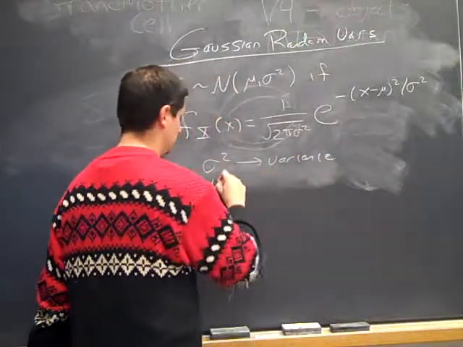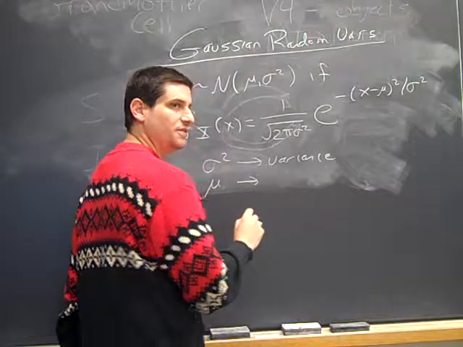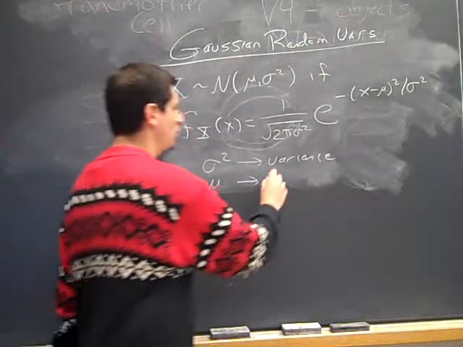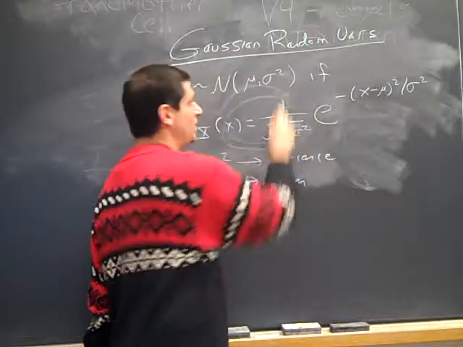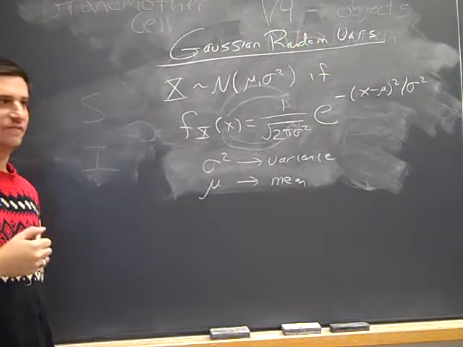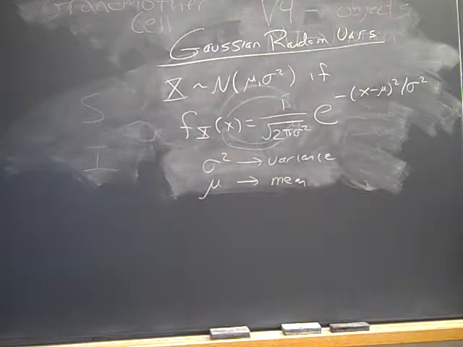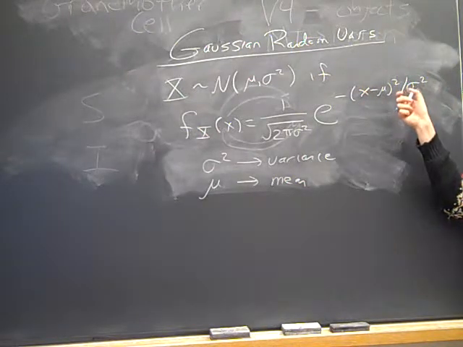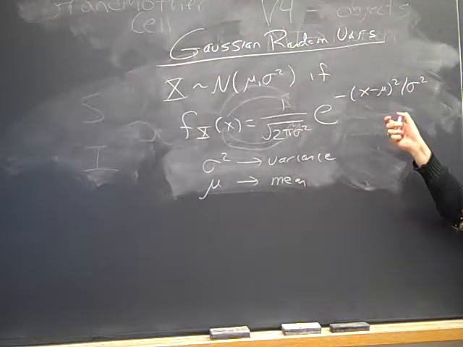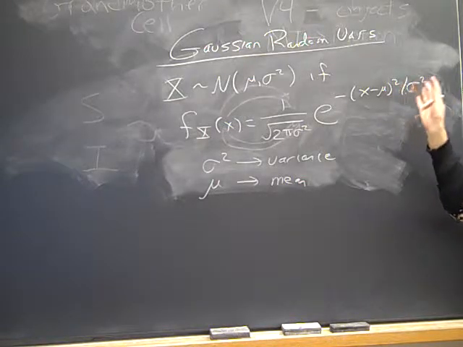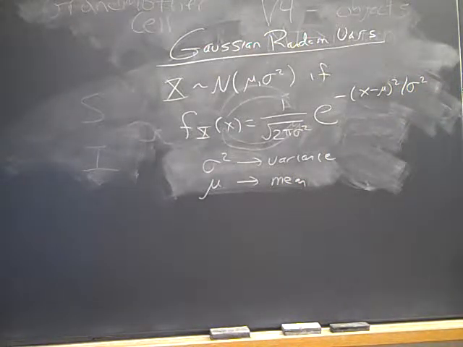And what about mu? Mean. So if I'm going to use this as my notation, if I want to be consistent with everything else we've been doing in the class, this distribution should have mean mu and variance sigma squared. If not, this is horrible notation. Oh, it is over 2 sigma squared, thank you.